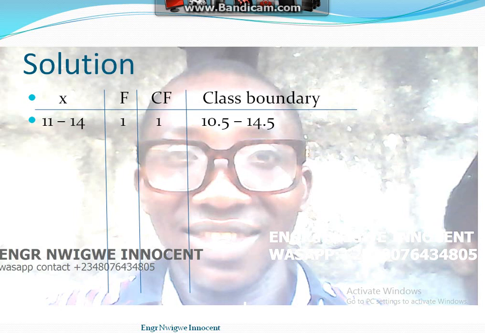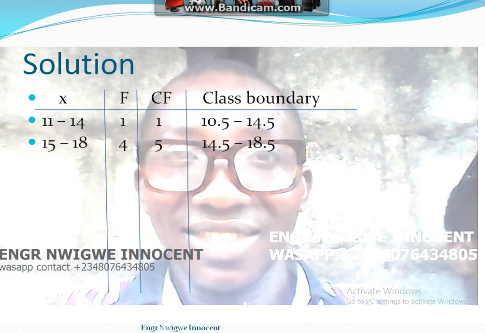The next weight is from 15 to 18. The frequency is 4. The cumulative frequency is 4 plus 1, which gives us 5. The class boundary is from 14.5, that is 15 minus half, to 18.5, that is 18 plus half.